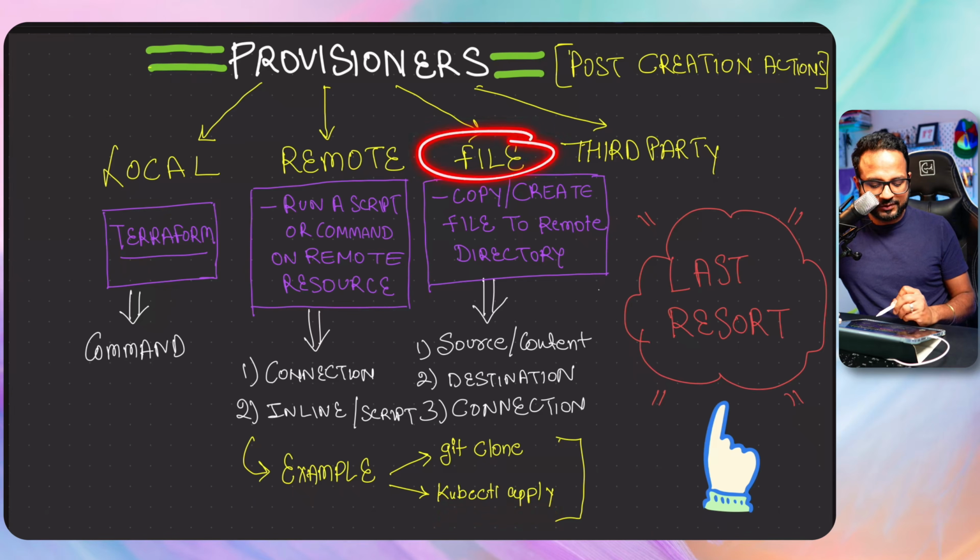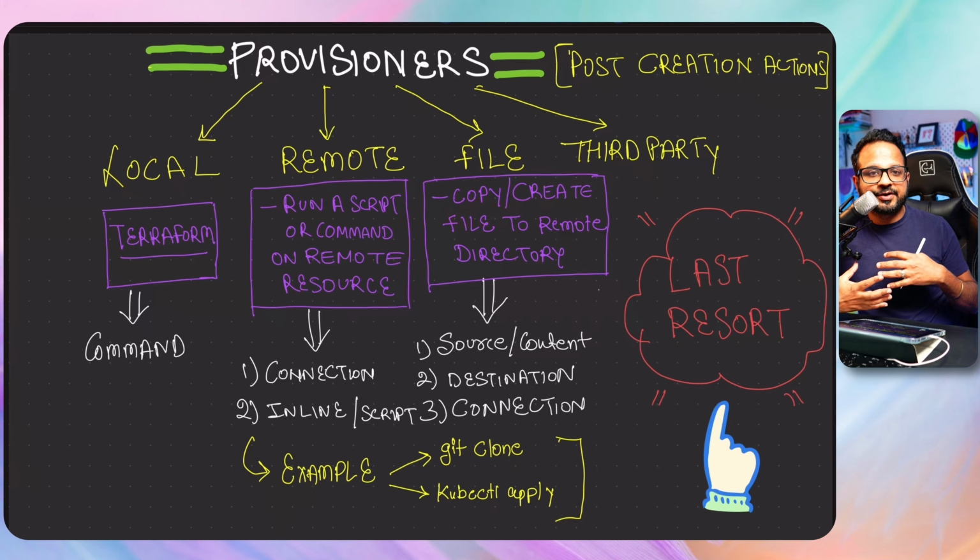Then we have the file provisioner. The file provisioner will copy or create files in the remote directory. Let's say you have some files that you want to copy from your local repository to the remote resource. You do that with the help of a file provisioner. In this as well, you need a connection string, obviously, because we are doing a sort of SCP to that remote resource.